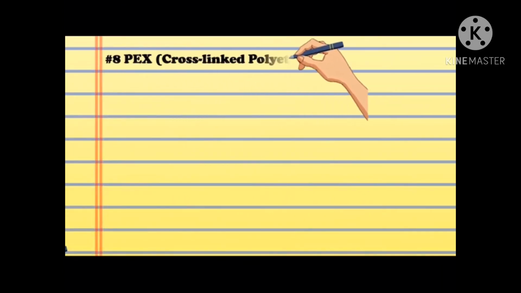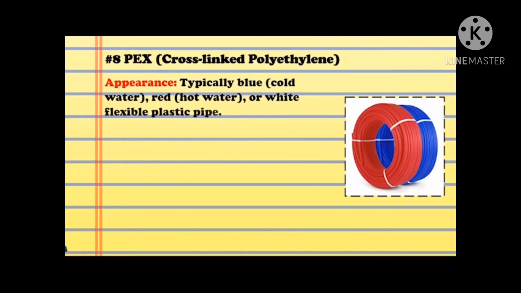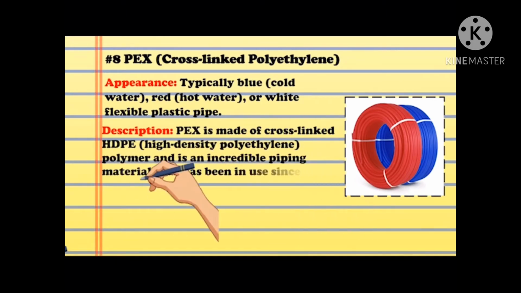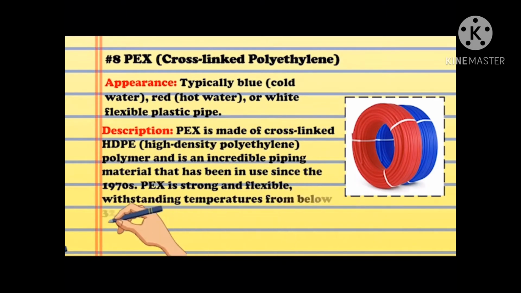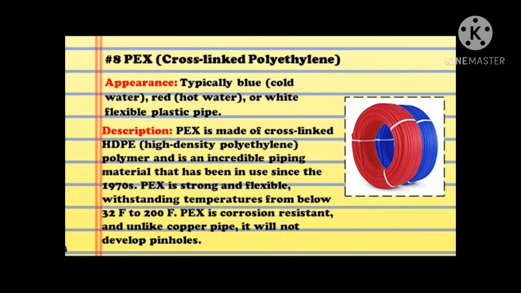Number 8. PEX, cross-linked polyethylene. Appearance: typically blue for cold water, red for hot water, or white flexible plastic pipe. Description: PEX is made of cross-linked HDPE, or high-density polyethylene polymer, and is an incredible piping material that has been in use since the 1970s.